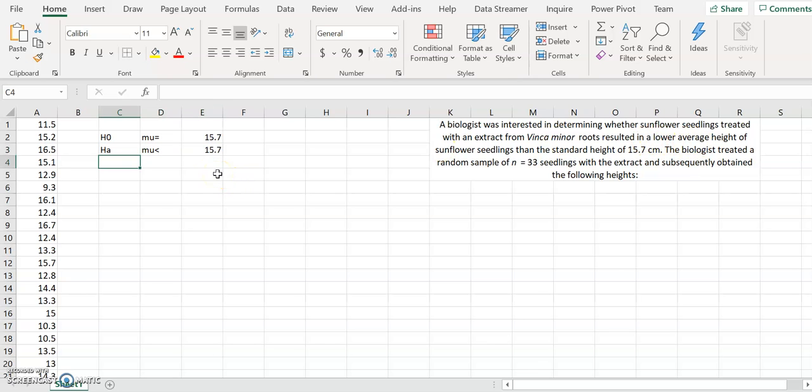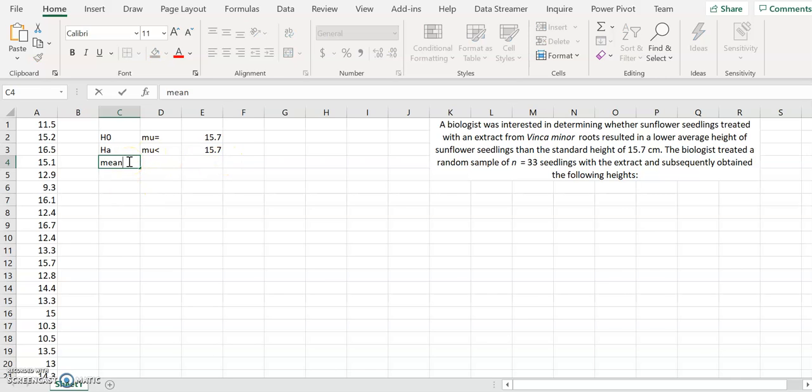And again, the 15.7 is what the height was before it was treated, and so we want to assume that the extract has no effect, that it's still equal to 15.7, and we want to see if there's sufficient evidence to say that the mean has in fact gotten smaller.